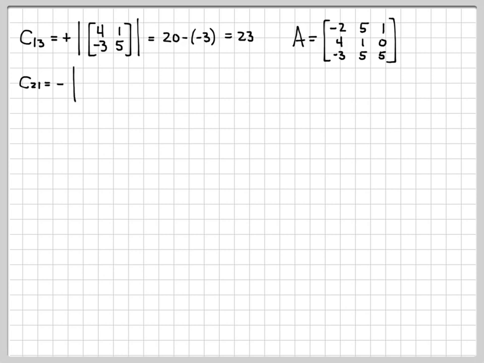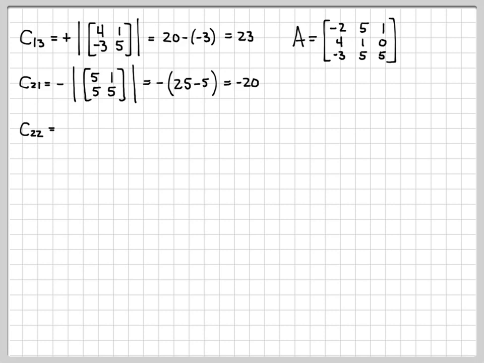C21, it's going to change sign, so it's a negative. I get the 2 by 2 matrix by crossing out the second row, first column, and I'm left with [5, 1; 5, 5]. So that's what goes right there. I get -25 minus 5, which is -20.